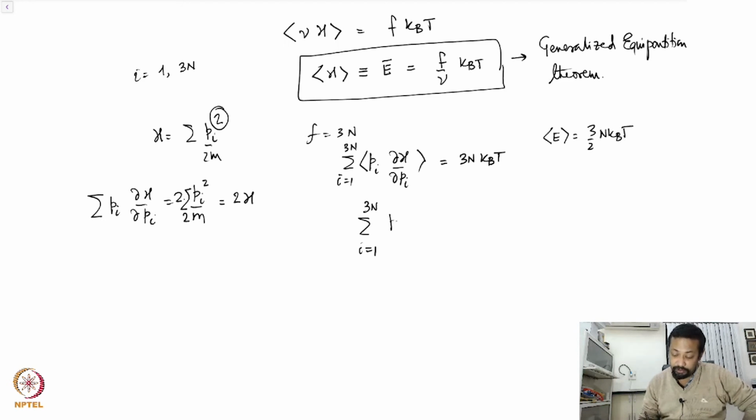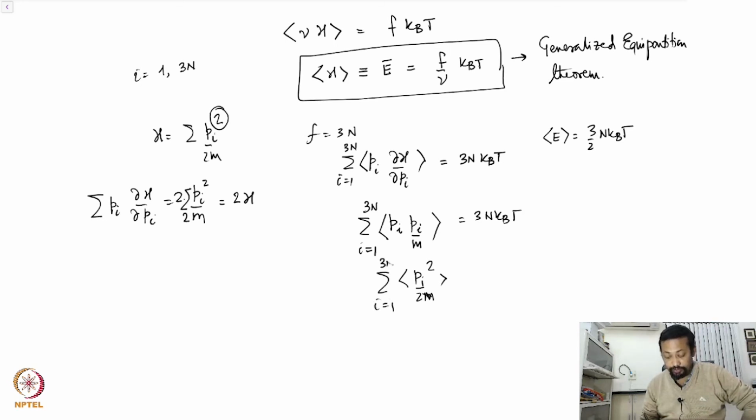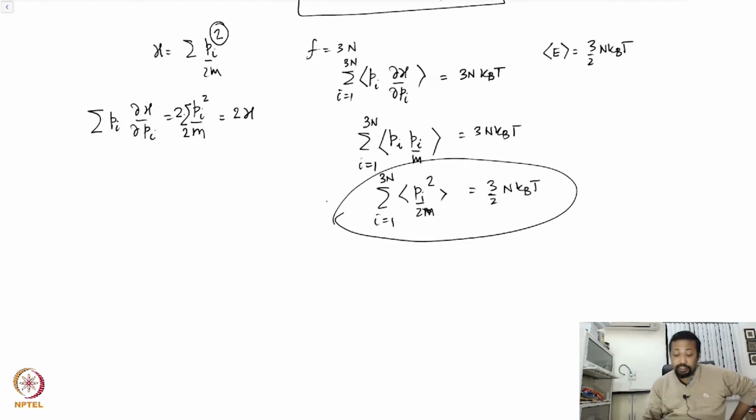More explicitly, if this is p_i over m, the average is 3N k_B T, or the average of p_i squared over 2m, sum over i equal to 1 to 3N, is going to be 3/2 N k_B T. So the total kinetic energy of the system, which in this case is also the total energy of the system, is 3/2 N k_B T, and this immediately follows from the equipartition theorem.